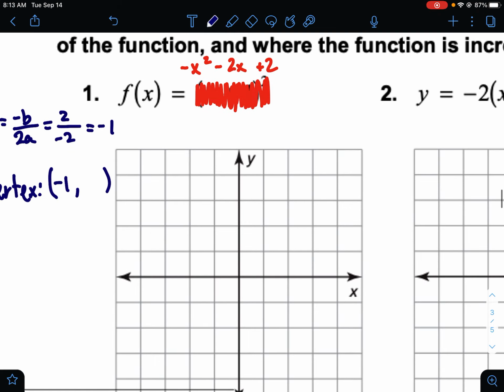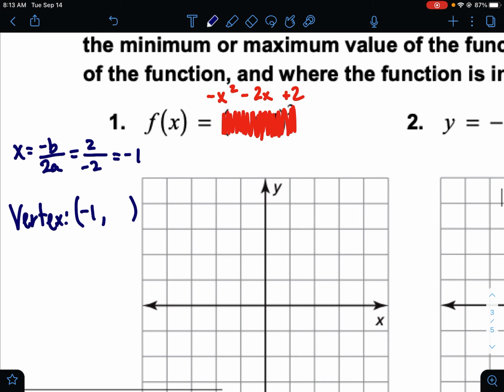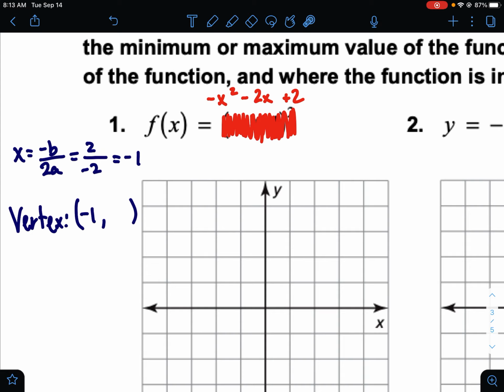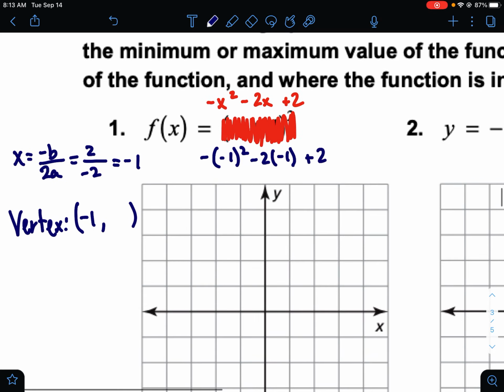I don't know the y value yet, but we'll get there. So now to find the y value, I need to take this x value here and plug it into the x's in my equation. So I'm going to do that, negative and then -1 squared minus 2 times -1 plus 2. Careful here, make sure you are doing your order of operations first.